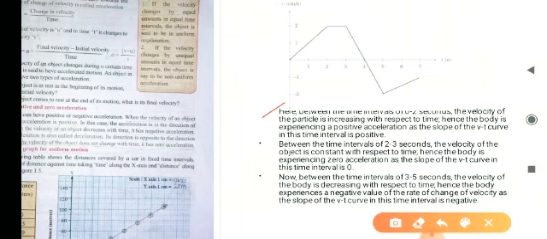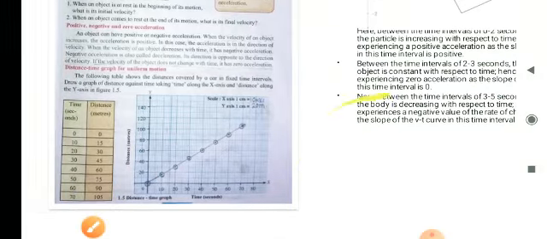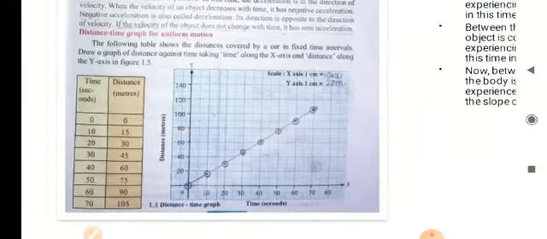Hence, the body experiences negative value of the rate of change of velocity as the slope of the V-t curve in this time interval is negative. It has come down. Now, let us study distance time graph for uniform motion.